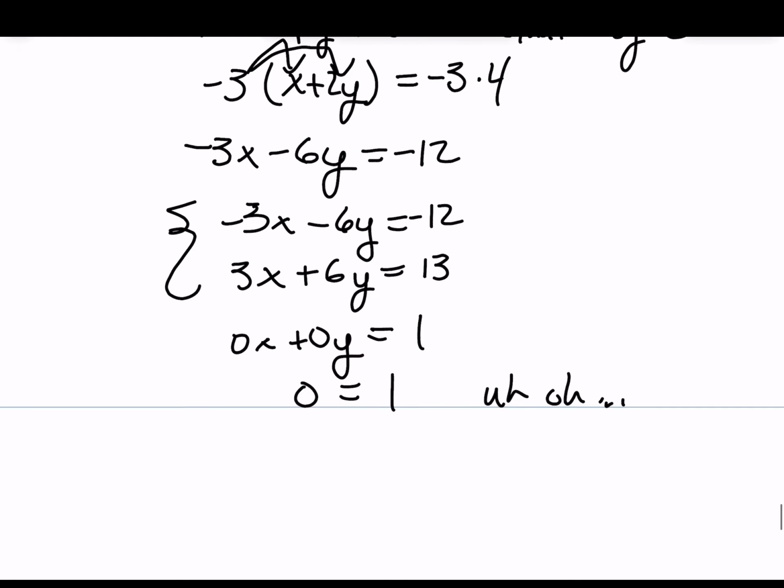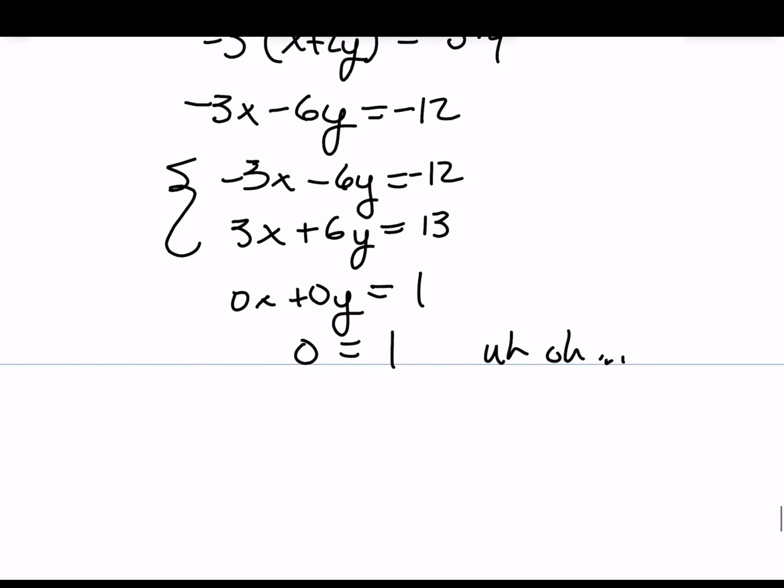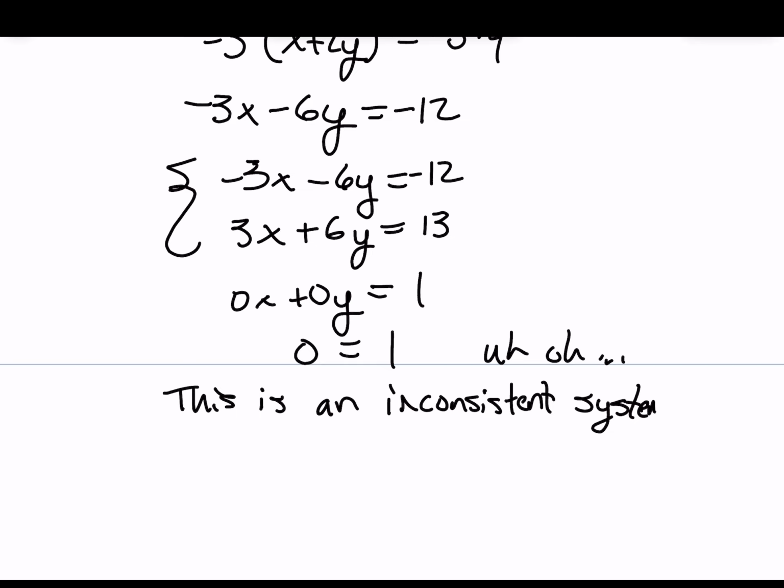We're going to put a big uh-oh here, because 0 is never equal to 1. So if you get something that's a contradiction, that means there are no solutions. This is called an inconsistent system. Therefore, there are no solutions.